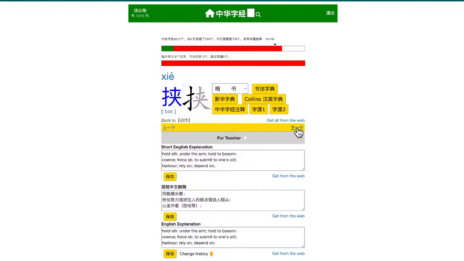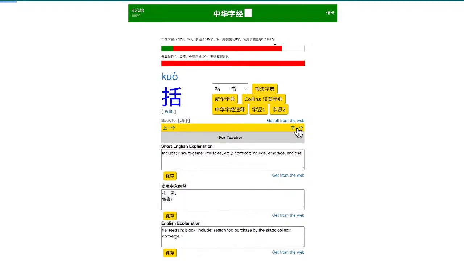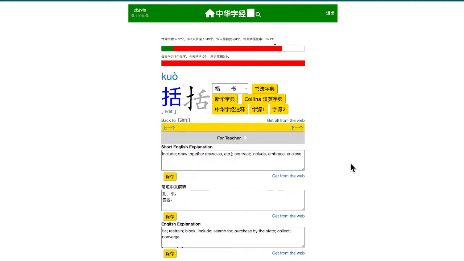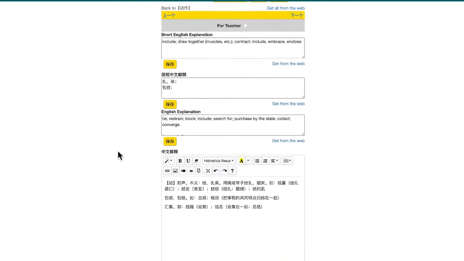Next one, 括. 括 means include, draw together. For example, the muscle, right? 括约肌.